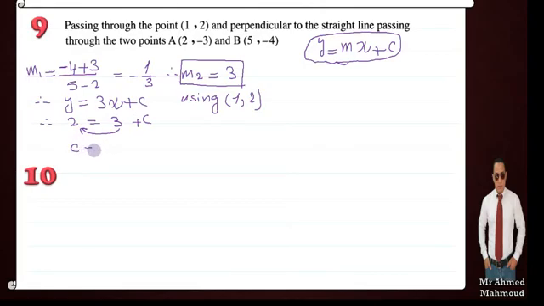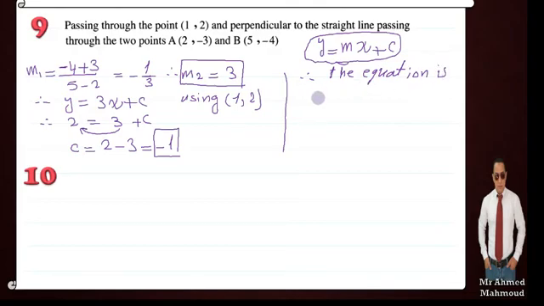There's c equals 2 minus 3, which is negative 1. Then this is c. So the equation is y equals 3x plus negative 1, or minus 1. This is the required equation.